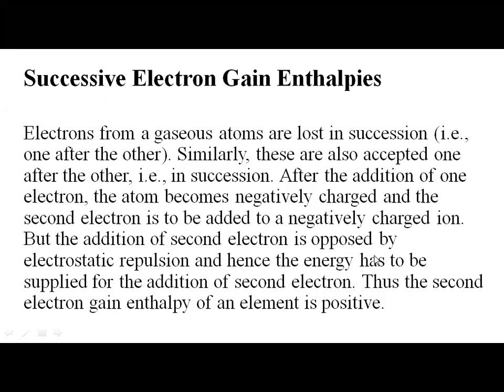Okay. Successive electron gain enthalpies. Let us try to understand them. Electrons from gaseous atoms are lost in succession, like how we discussed ionization enthalpies. Suppose you have a neutral gaseous atom and you want to remove an electron from the outermost shell: apply the first ionization energy, one electron comes out.